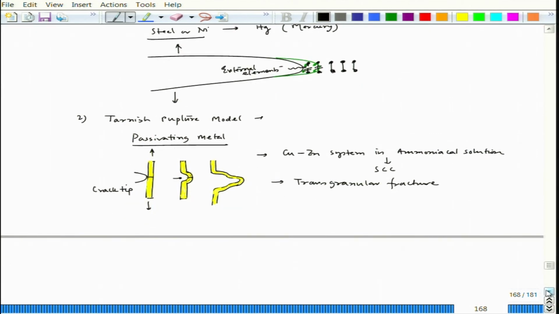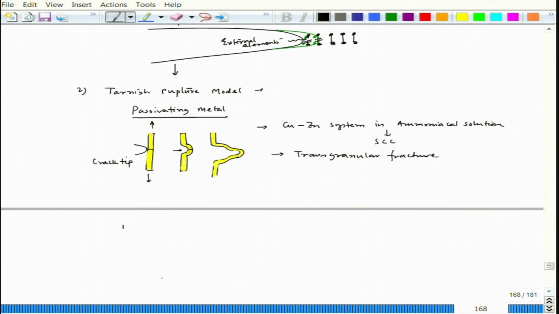In order to address that, there is a modified Tarnish rupture model. In that case, in the beginning we have the same operation going on.